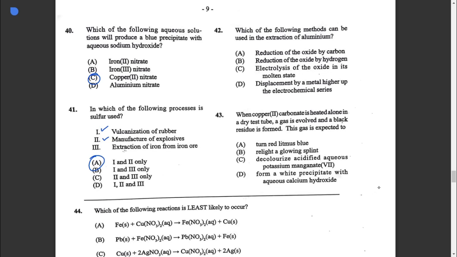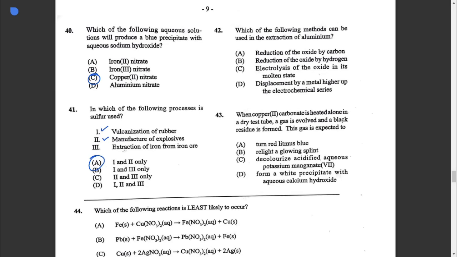42. Which of the following methods can be used in the extraction of aluminum? Remember, when we're extracting aluminum, we added cryolite to, 1, lower the melting point of aluminum oxide, and 2, dissolve aluminum oxide, because aluminum oxide is insoluble in water.